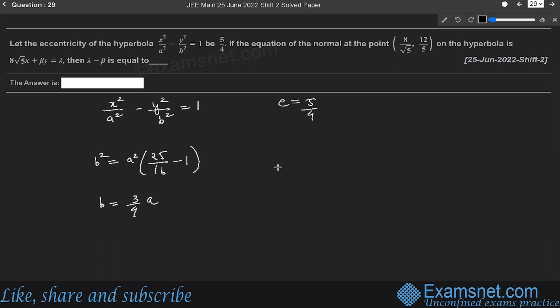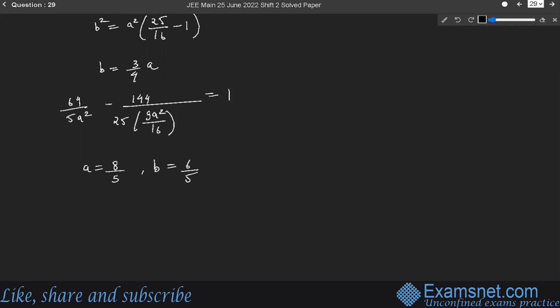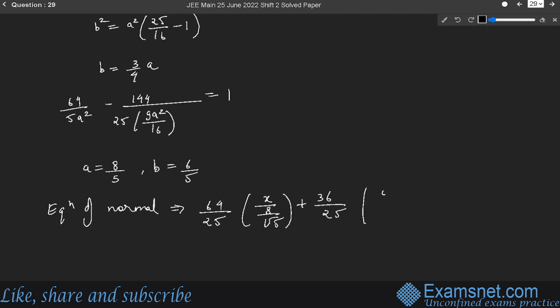Also, it is given that (8 upon root 5, 12 upon 5) lies on the given hyperbola. So it will be 64 upon 5a square minus 144 divided by 25 into 9a square upon 16 is equal to 1. So a will be equal to 8 by 5 and b will be equal to 6 by 5. Therefore, the equation of the normal will be 64 upon 25 into x upon 8 upon root 5 plus 36 upon 25 into y upon 12 upon 5 is equal to 4.